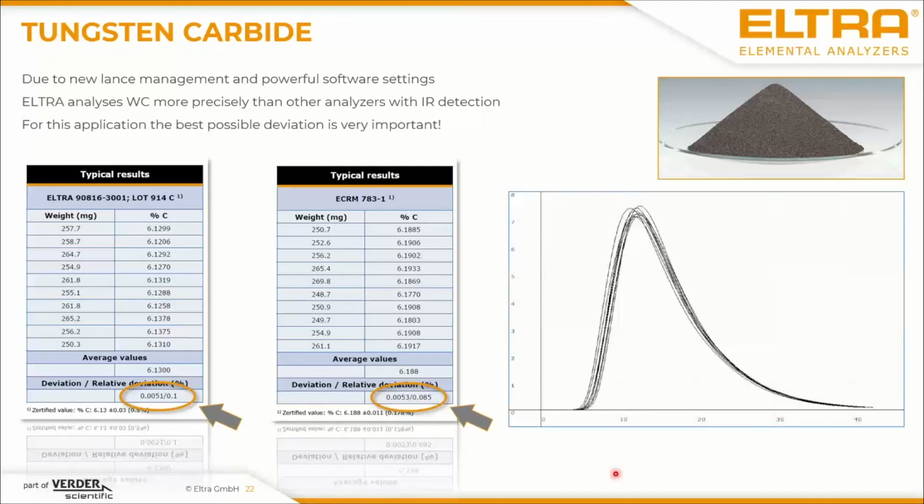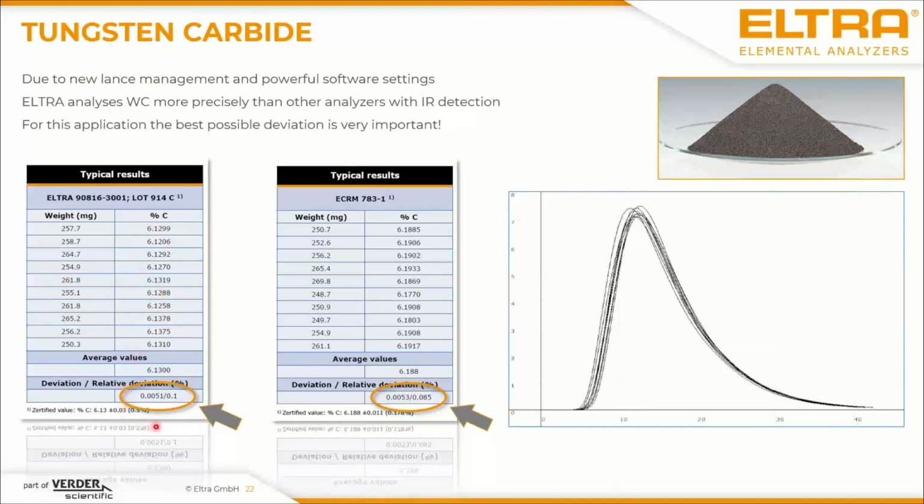Typical powders or metals that are used are, for example, tungsten carbide. Tungsten carbide is a very fine powder and has a very good homogeneity. During sintering of tungsten carbide, producers have to very regularly check the carbon content. It's extremely important to get a very accurate result regardless of the relatively high carbon amount.